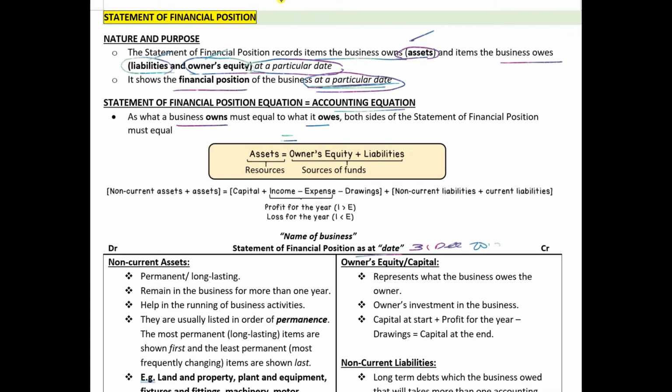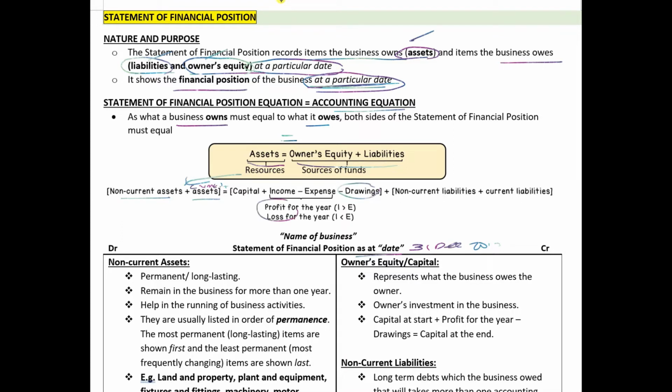So the assets are the resources of the business, and what it owes is where it gets these resources from. So assets can be divided into non-current assets and current assets. And for owner equity, as I said already, drawings and the profit or loss will affect the capital, okay?